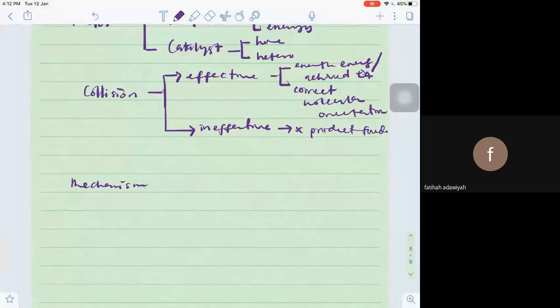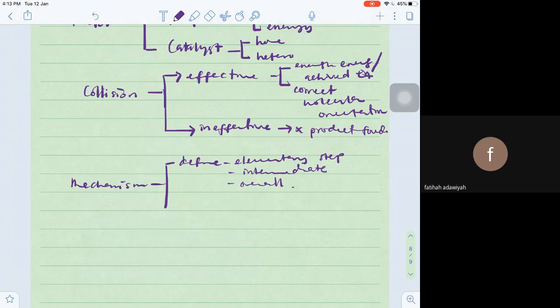In the reaction mechanism, firstly, you have to be able to define all of these: you have to know what is the elementary step, what is the intermediate, and be able to write the overall equation and so on.